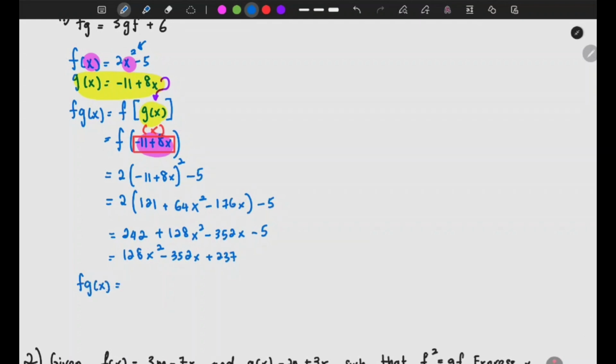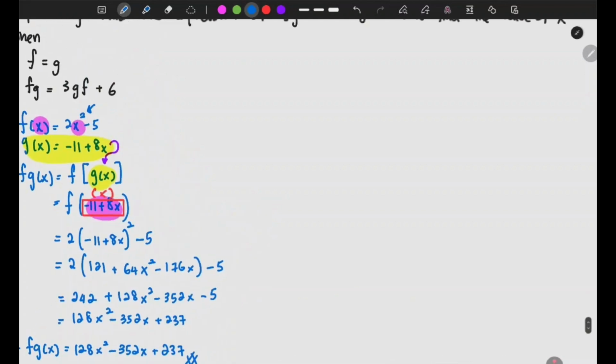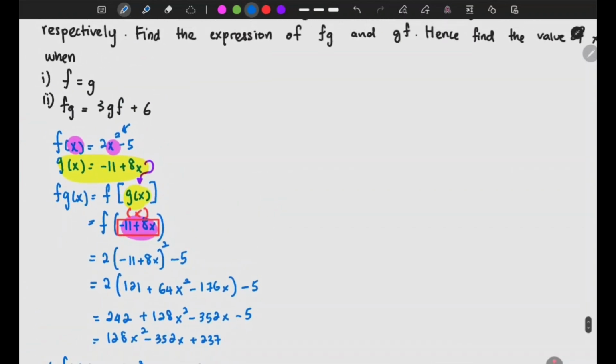So next is gf(x). Let's find gf(x). Because it has to find the expression of fg and gf, so we have to find it. It's also the same thing, guys. First thing, expand, and then what's your g(x)? Sorry, f(x) is 2x squared minus 5, so key in 2x squared minus 5.